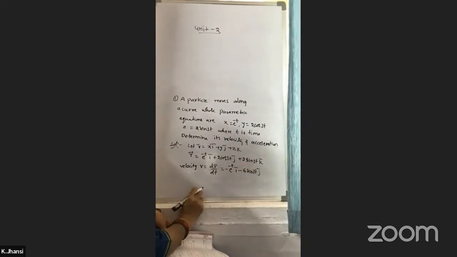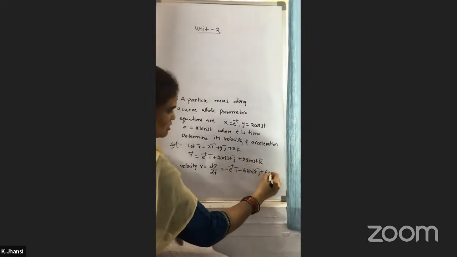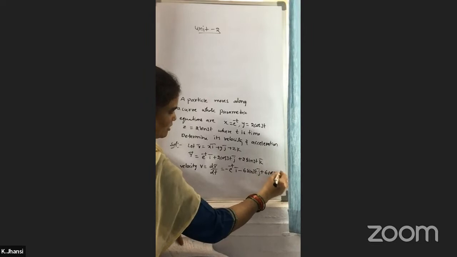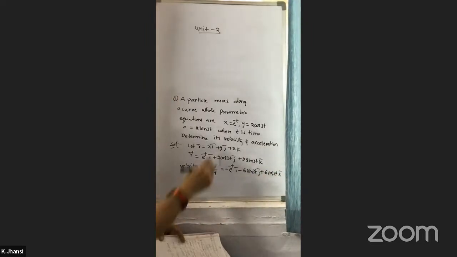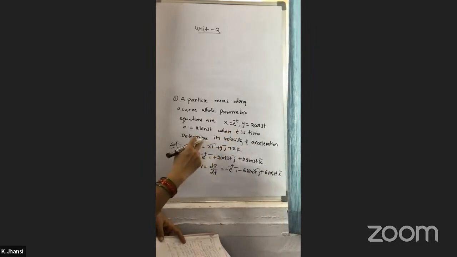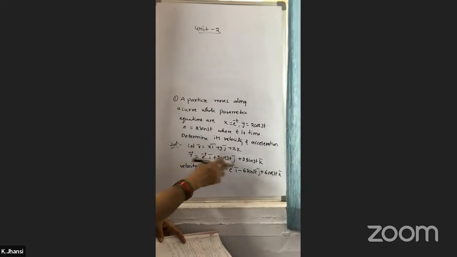Here sin 3t will become cos 3t, and 3 twos are 6, so 6 cos 3t k bar. Now at a given time t, you will have the t values like that. So the velocity value is this one.